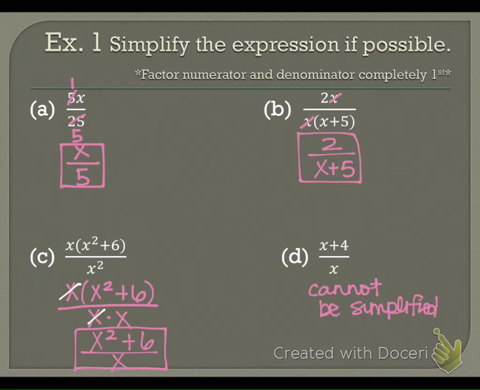All right, it cannot be simplified. It is in its simplest form. So it cannot be simplified. All right, now I'm okay with that mistake, Noah, because it does make us stop and think. But again, a binomial is its own piece. I cannot look at it as two separate pieces. It's one whole piece.